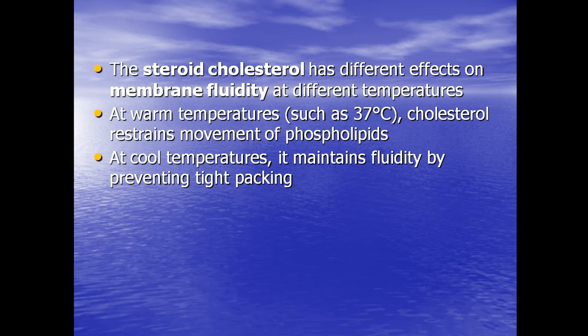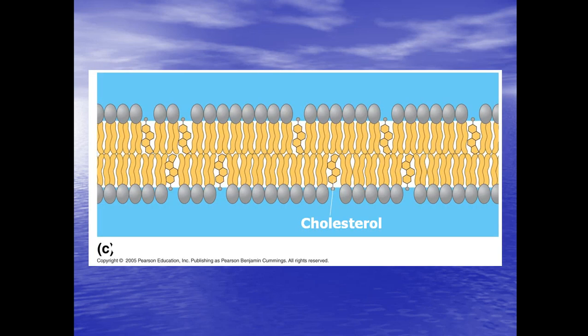Otherwise, at cool temperature, the membrane will become solidified, and when the cell membrane becomes solidified, it will not be able to carry out any work. But it is avoided even in cool temperature by having the cholesterol material in between, which prevents the tight packing of the phospholipid molecules, thus maintaining the fluidity.